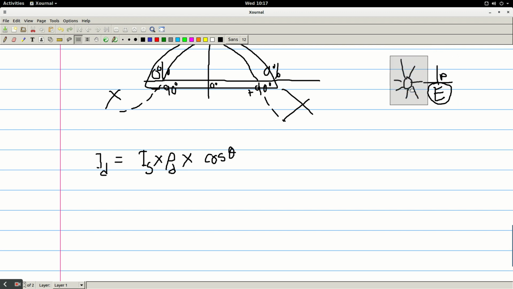But what happens when you go into the night? For example, over here. The angle that it makes with the surface normal is actually more than 90 degrees. Okay. So if it goes more than 90 degrees, then what happens? You get negative values.